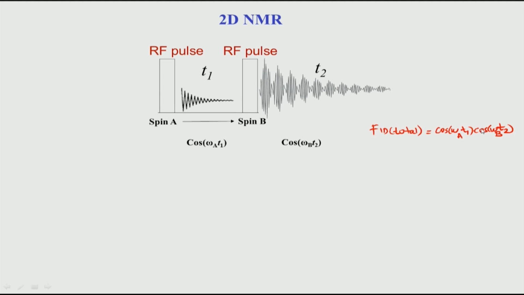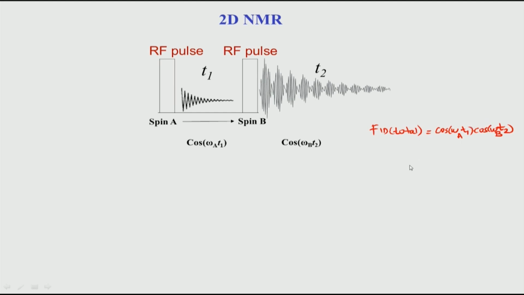So, we use the word modulation. Modulation means modifying or changing. So, the second FID, the FID which is detected during T2, is now being modulated by the FID during T1. So, you see here is where the interlocking, in the sense interconnection, comes. Now, these two have got interconnected to each other.